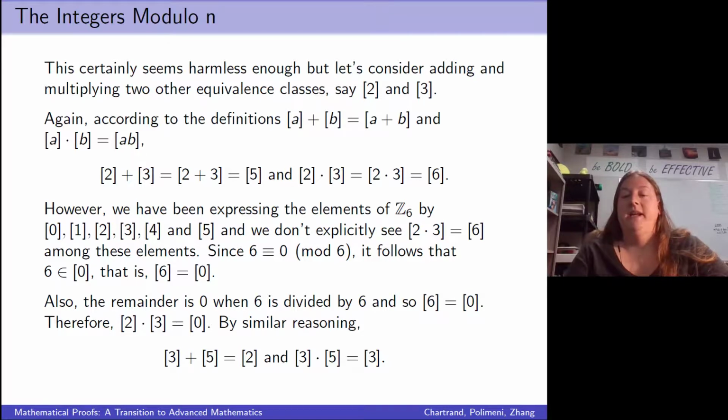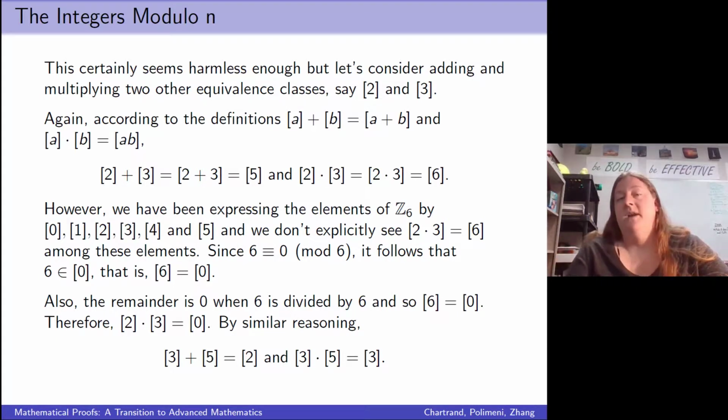So the equivalence class of 6 is equal to the equivalence class of 0. So the equivalence class of 2 times the equivalence class of 3 actually equals the equivalence class of 0.